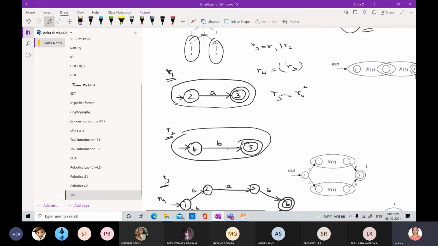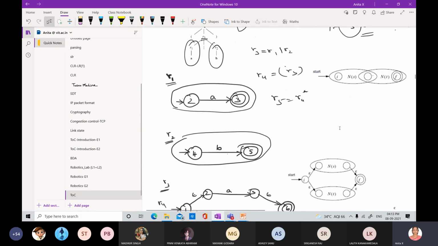And then for concatenation, consider we have constructed an NFA for regular expression S and an NFA for regular expression T. If I want to take the concatenation of these two, I have a regular expression S and a regular expression T. Already I have constructed the NFA for S, which is N(S), and I have N(T).